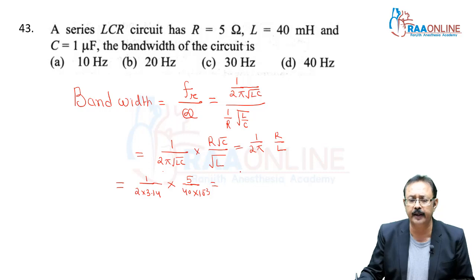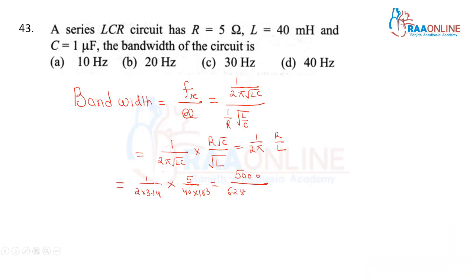So what we are getting? 5000 divided by 6.28 into 40, cancel 0 with 0. So what we are getting? 4 ones are 4, 4 twos are 8, 4 fives are 20 upon 6.28. Simple calculators are allowed.